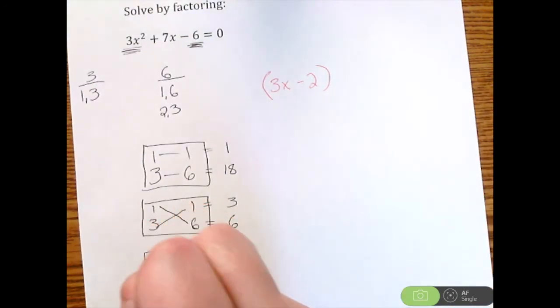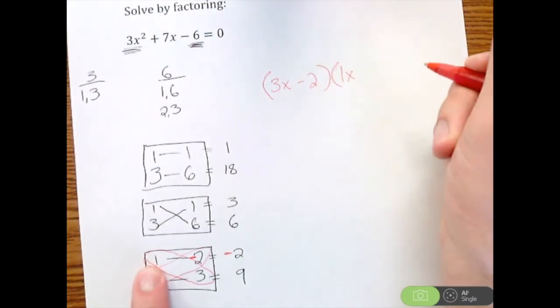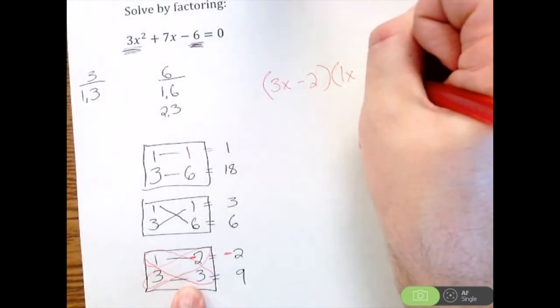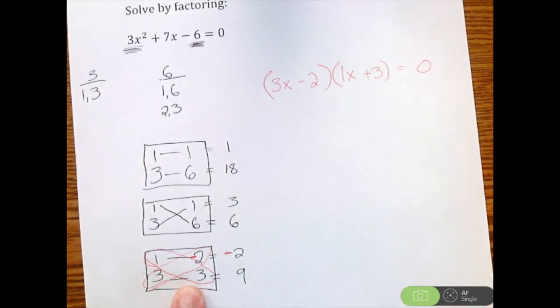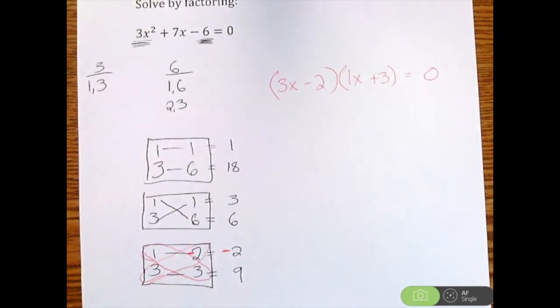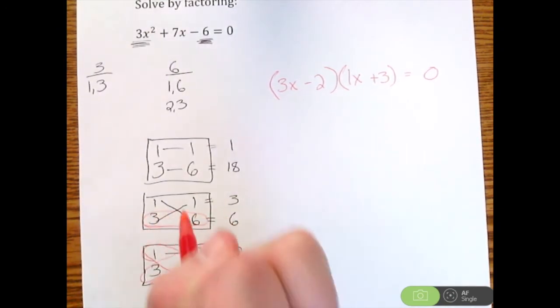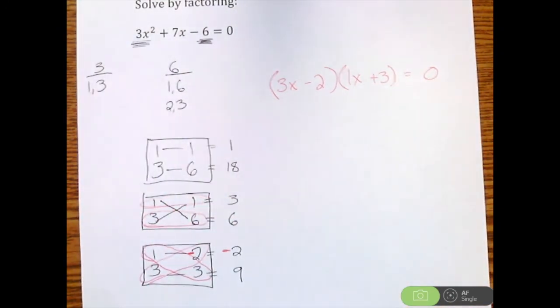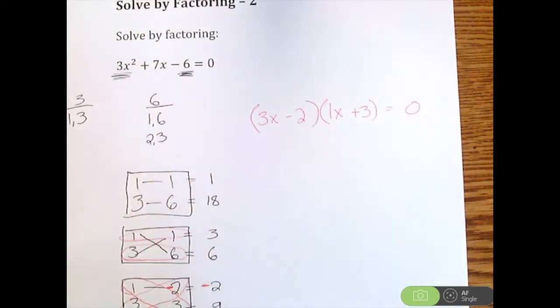On my other crisscross, I need a 1 on the left side, so 1x, and on the right side a positive 3, so plus 3, and that is equal to 0. Again, if I multiply straight across, the factors are the crisscross. If the crisscross would have worked, then my factors would have been the straight across. It's always the opposite. So here are my factors for this problem.